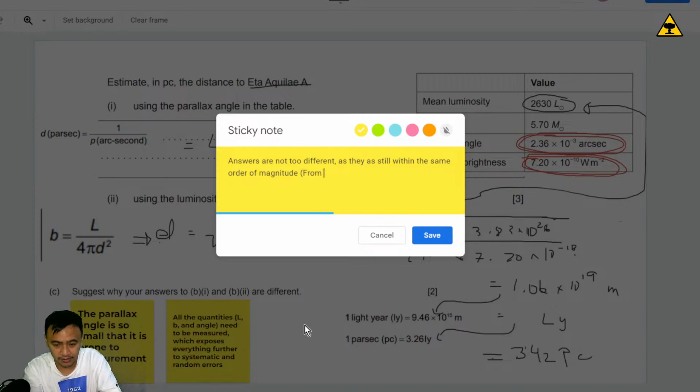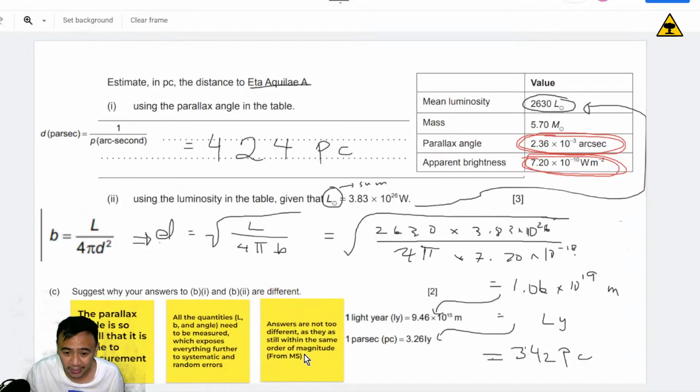Personally, I wouldn't come up with this third answer, even though it's in the marking scheme. I'd probably be answering these first two.